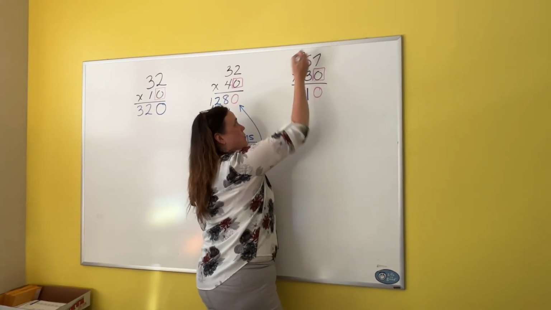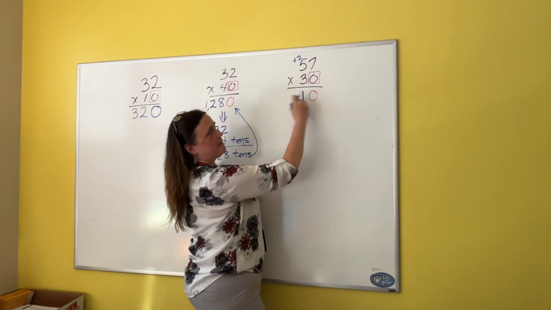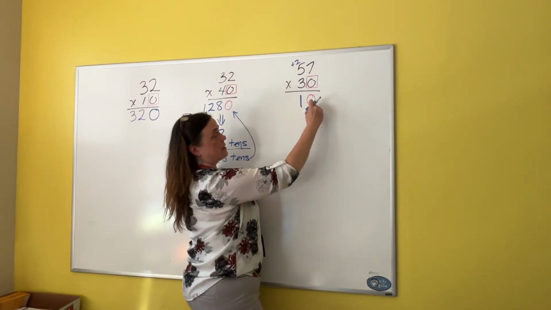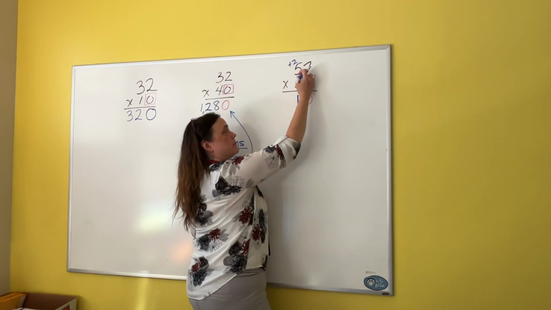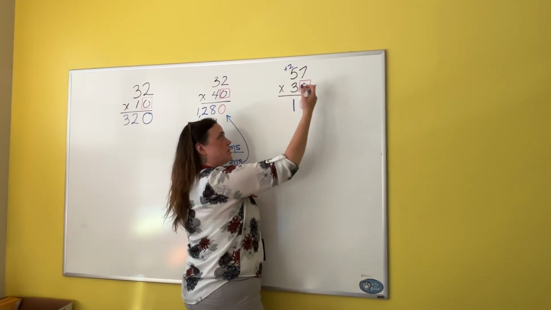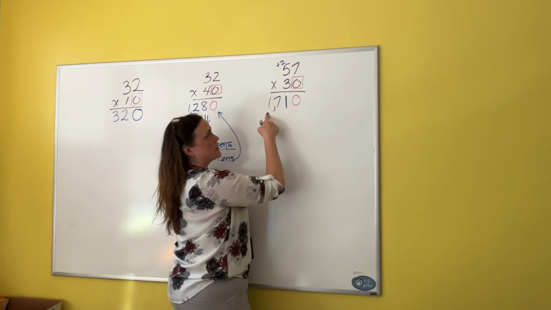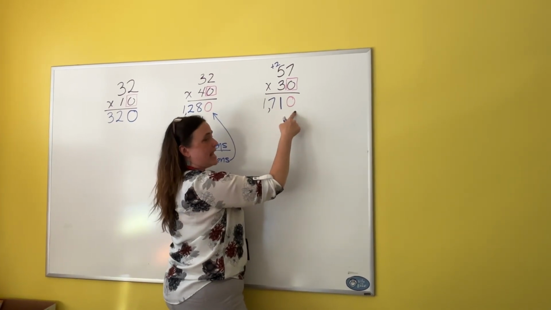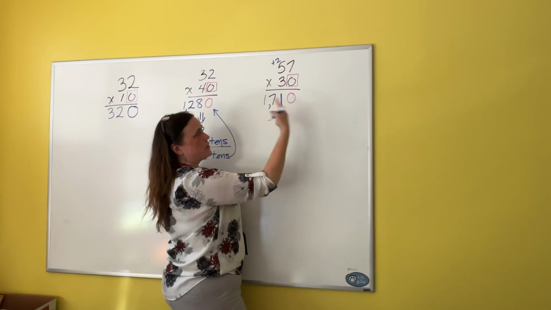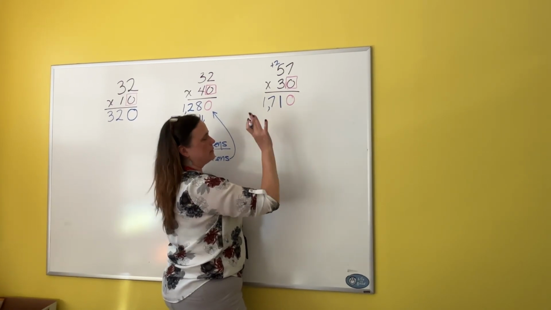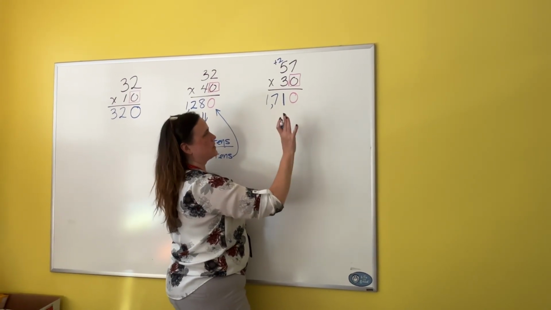And just like before, you would add 2. But do you see how not having that layer of zeros is going to help your kids out as well? I have 3 times 5, which we know is 15. I add 2, I get 17. So it's 1,710. We can also think about that as breaking apart, but it's too much in this one video, so I'm going to stop there.